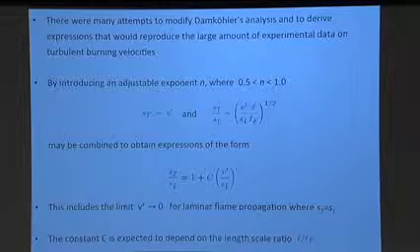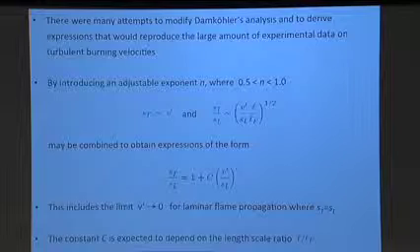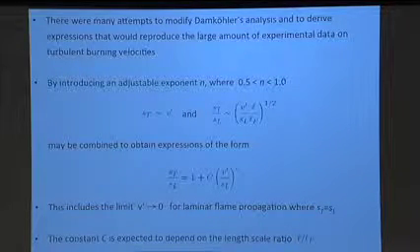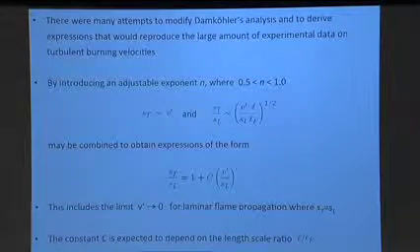So now we have these two regimes: the large-scale regime where ST is proportional to v prime, and the small-scale regime where ST over SL is this. What's interesting, and that's what I said earlier, is that this is where SL comes back into the picture.